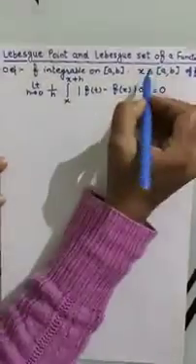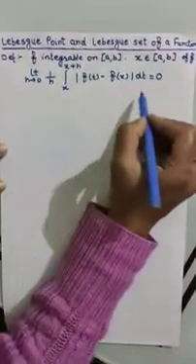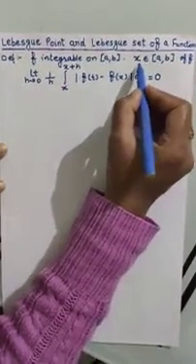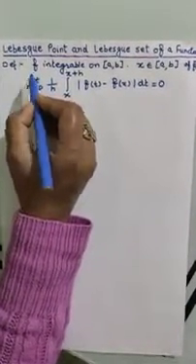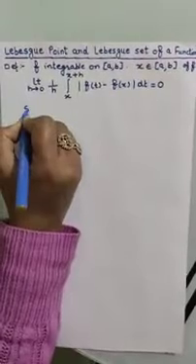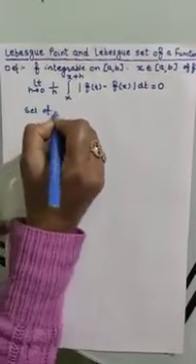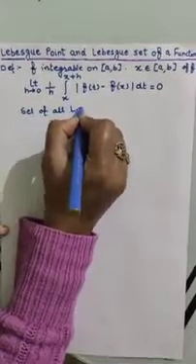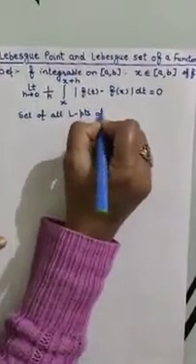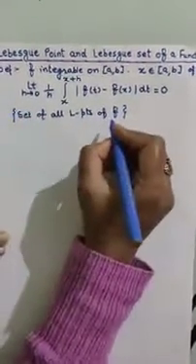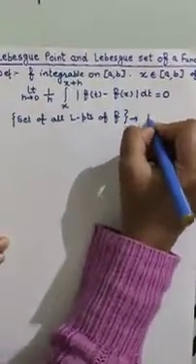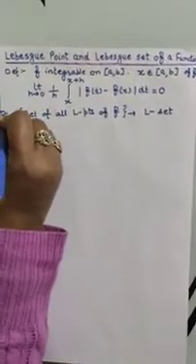If the point x satisfies this condition, then we say that x is a Lebesgue point of this function f. And if we collect the set of all Lebesgue points of f, then this set is called the Lebesgue set of the function. So here are the two definitions.